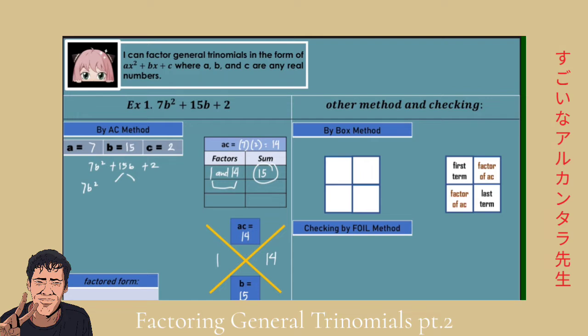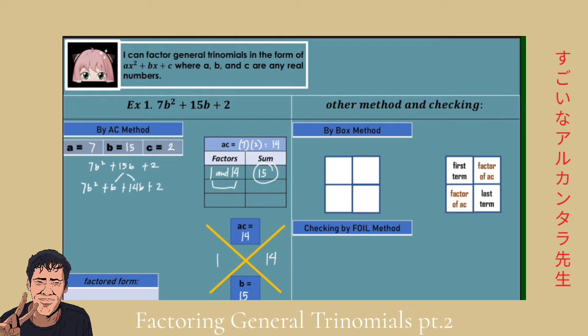Since you have 1 and 14, you should have 7b squared plus b plus 14b plus 2. This means that 15b is now separated into two addends, one being b and the other being 14b. Nothing changed, because if you add b and 14b, it's still 15b. The value did not change.